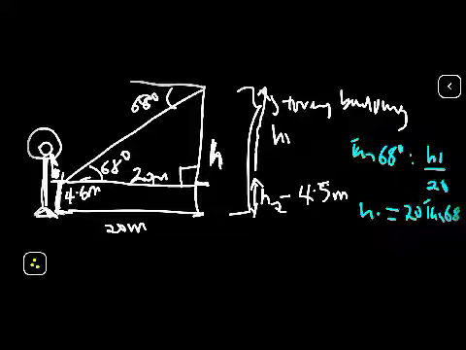Okay, and tan 68, that's why I needed my calculator. Tan 68 is 2.4750. So we have 20 times 2.4750, and that will give you what?